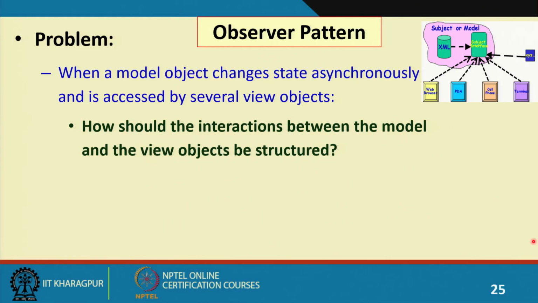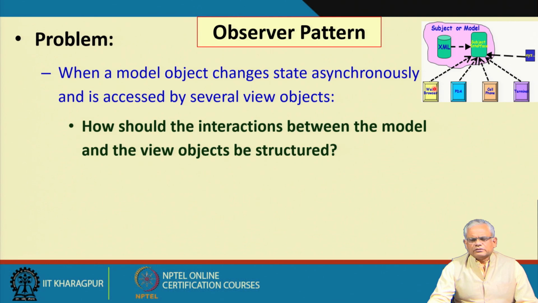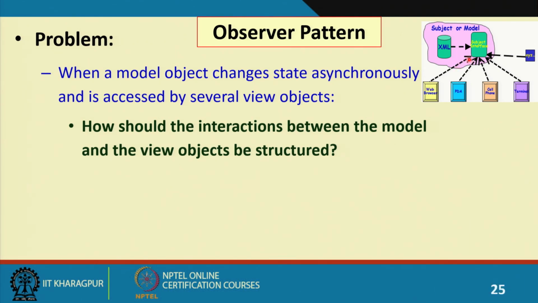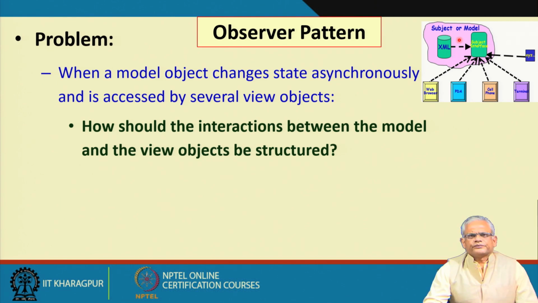The observer pattern addresses the problem when we have a model or a subject. The observers want to get updated, or they want to observe when changes happen on the model, but the change to the model happens asynchronously.